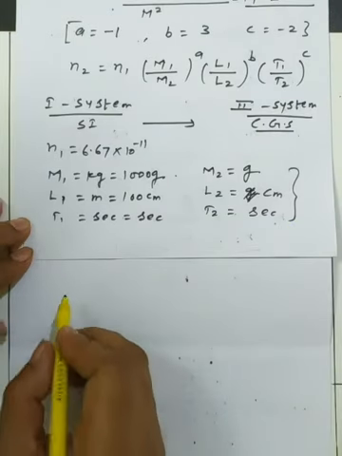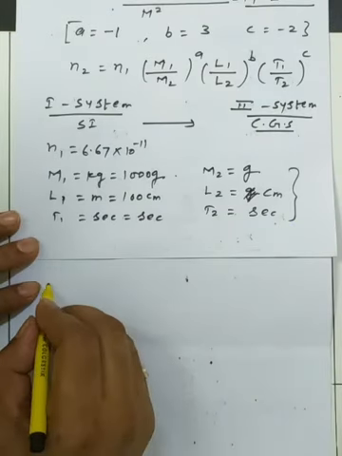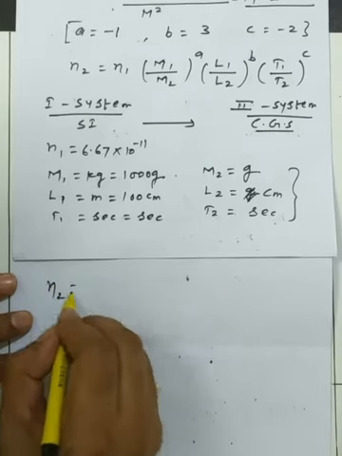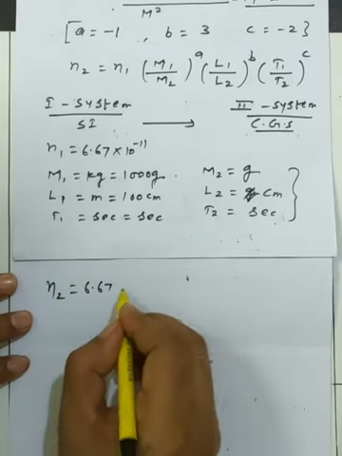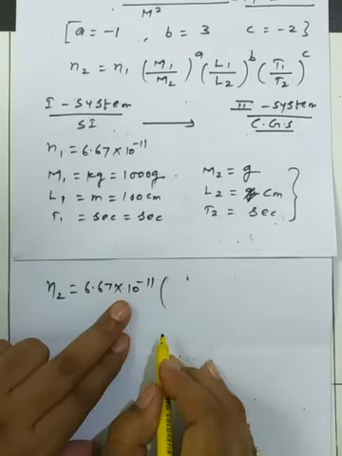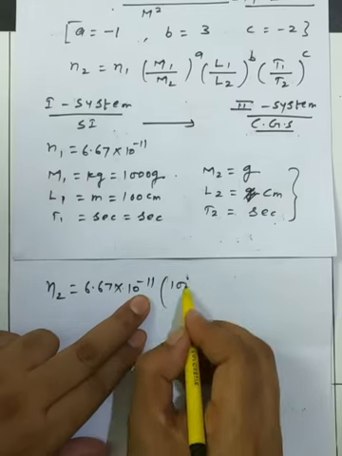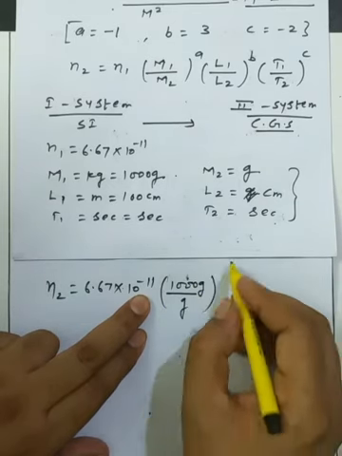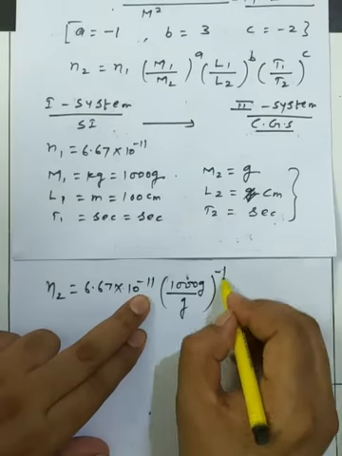So we are using all these things in the given formula. I am writing N2 is equal to 6.67 into 10 to the power minus 11 times M1, that is 1000 gram, divided by gram, with the power A equal to minus 1.